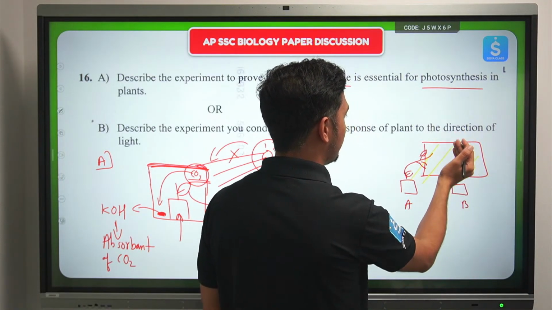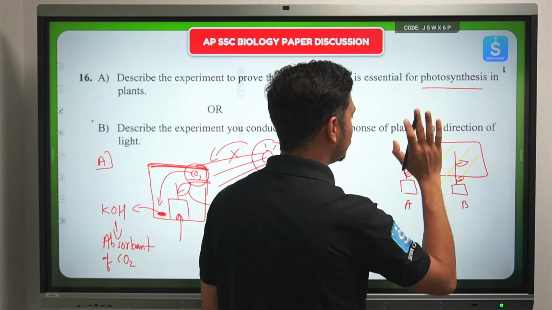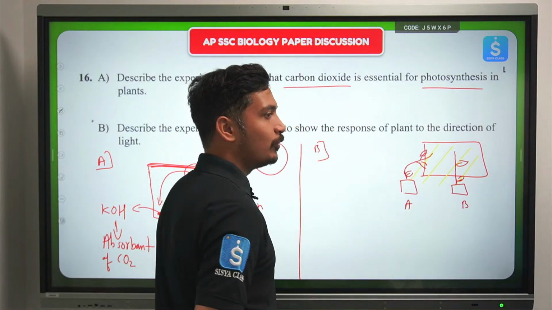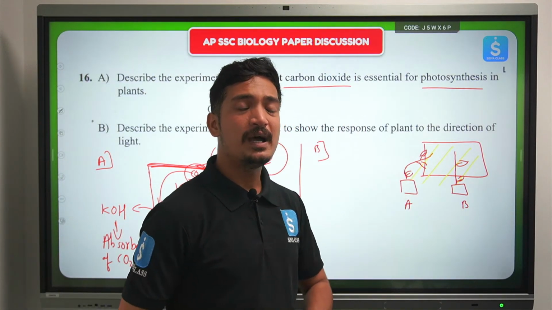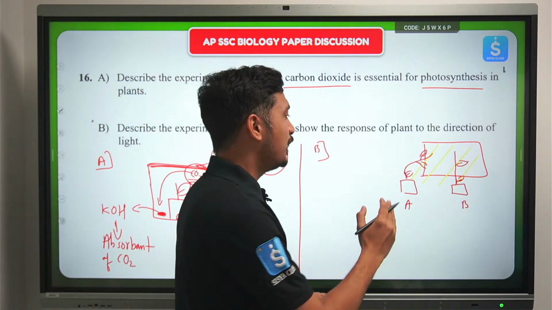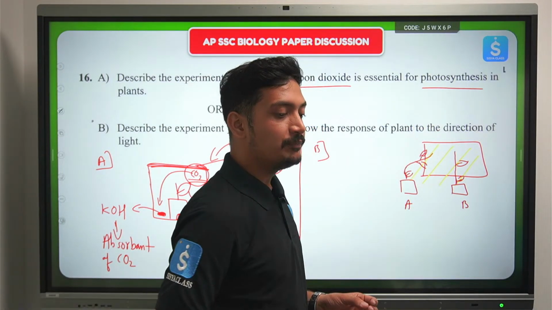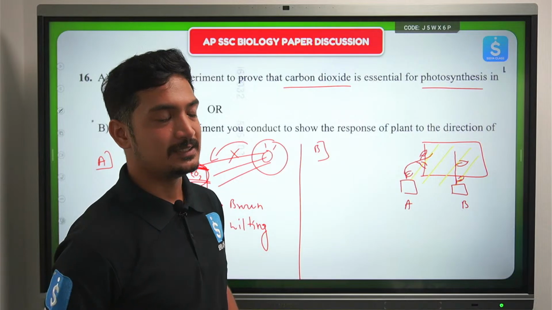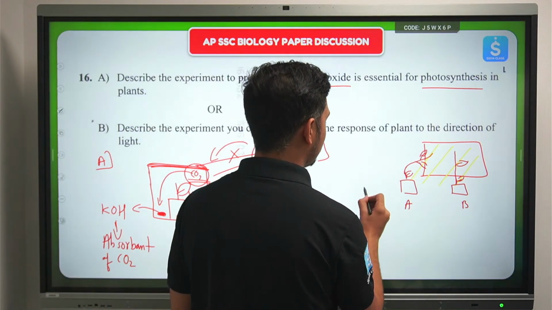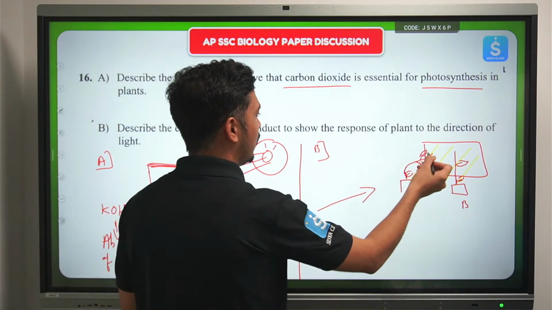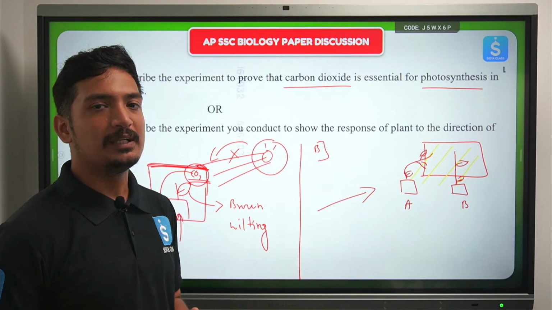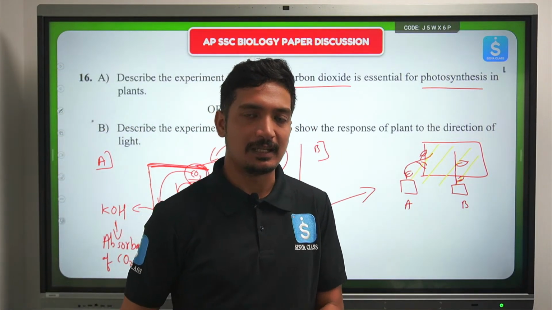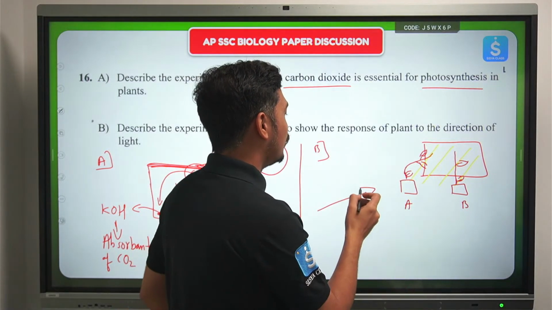Because it was having an abundant amount of sunlight throughout its growth period, but when you talk about plant A, it was not getting sufficient sunlight, and therefore it bent towards the direction where sufficient sunlight was received, and therefore this experiment can explain that the plant will respond to the stimulus, and the stimulus is actually the presence of sunlight. Okay, and this is due to phototropism.